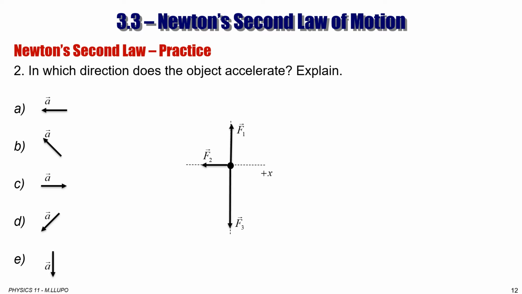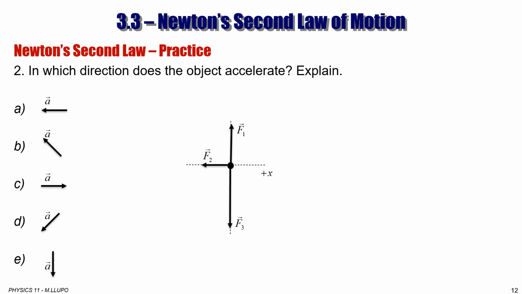B is not an answer for the same reason. If F1 and F3 add up together, they produce a resultant downward, not up. So B would not be an answer. C is a nonsense option. There's no way C would be an option at all.